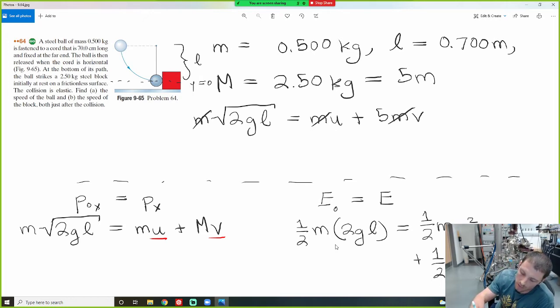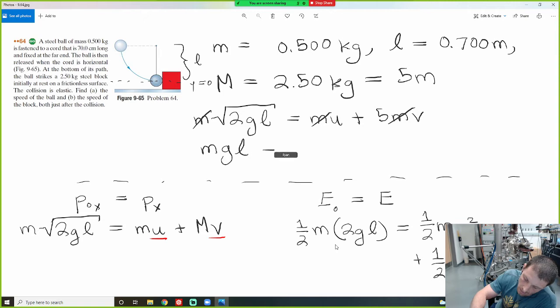And then let's do the same thing for the energy equation. Well, 1/2 m times 2gl is just mgl. Probably not surprising, because that was our initial energy.